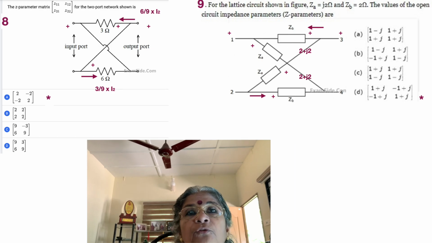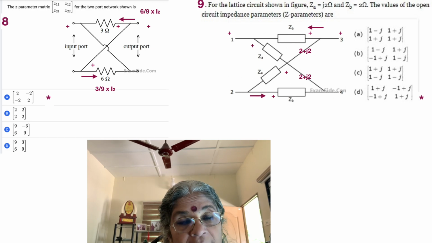So there is a difference in the signs of the two voltages. One is I by 2 into ZA minus I by 2 into ZB. So what are ZA and ZB?